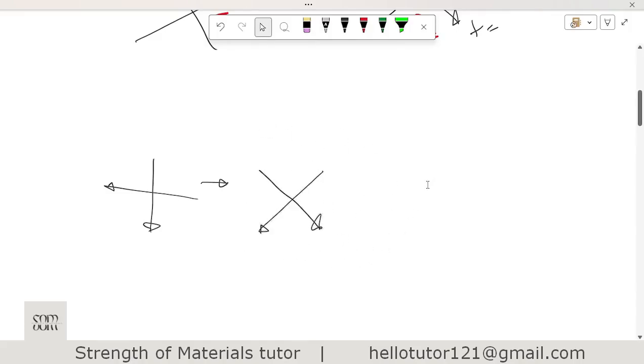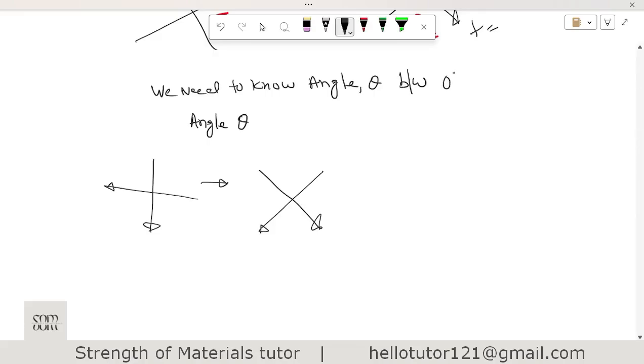What is important here is we need to know the angle theta, let us call it theta, between the old coordinate system and the new coordinate system.